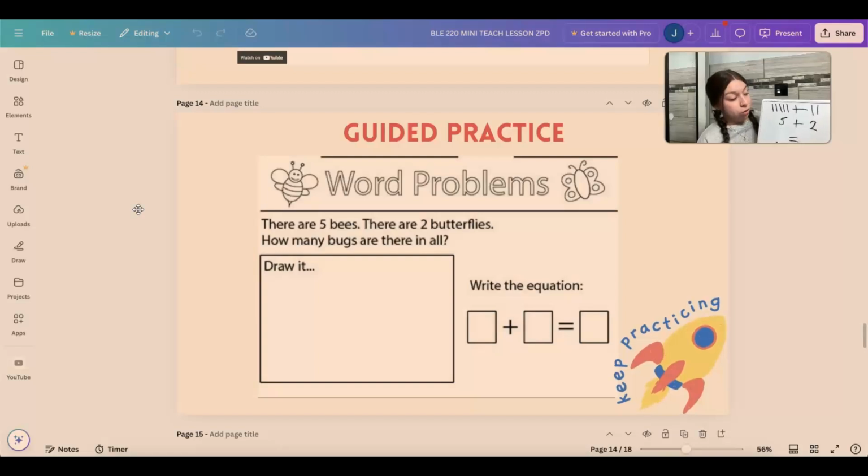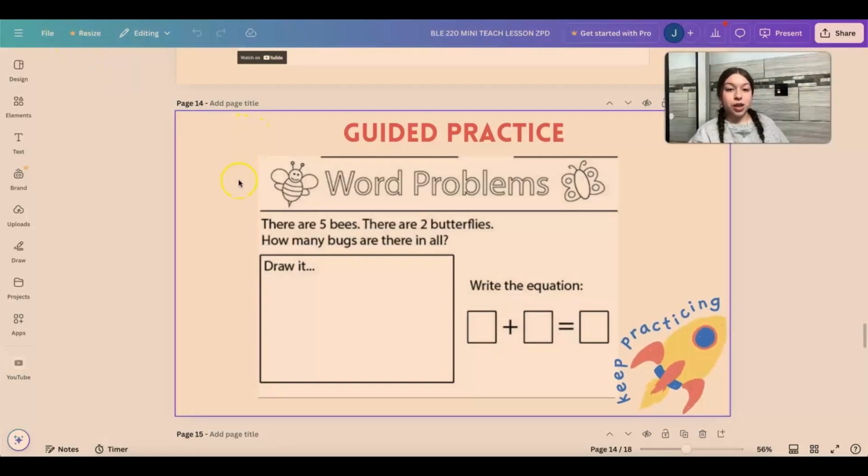We can go ahead and count our tally marks or whatever you decide to draw. Okay, so let's go ahead and count them. So we have 1, 2, 3, 4, 5, 6, 7. Perfect. So how many is there in total? 7. Yep, good job, everyone.